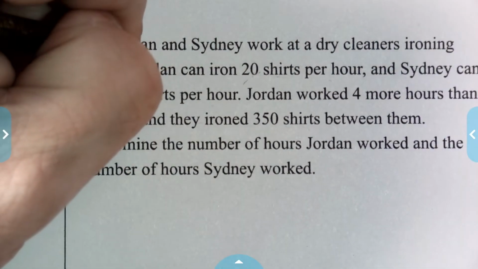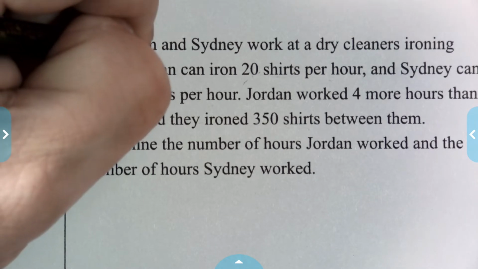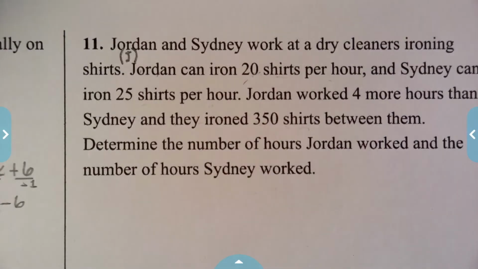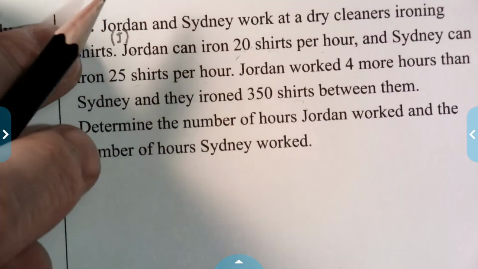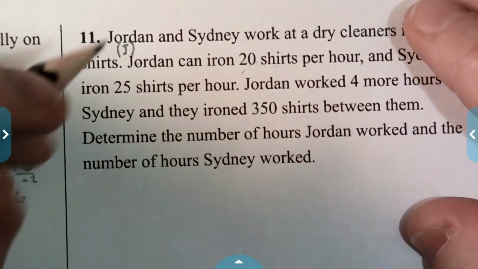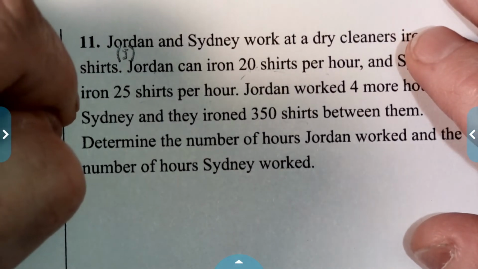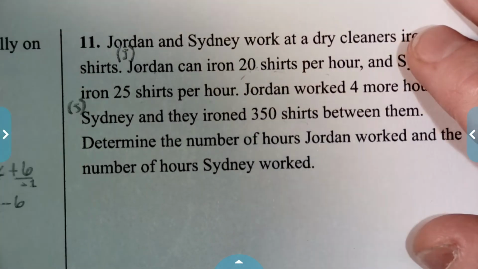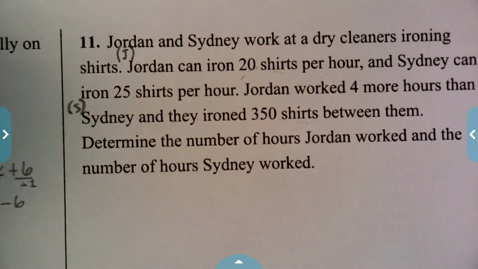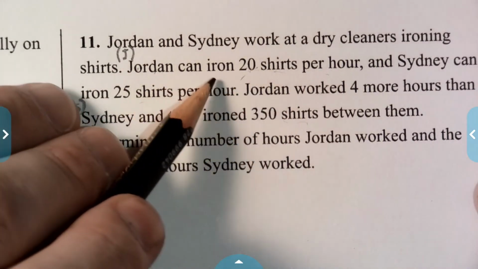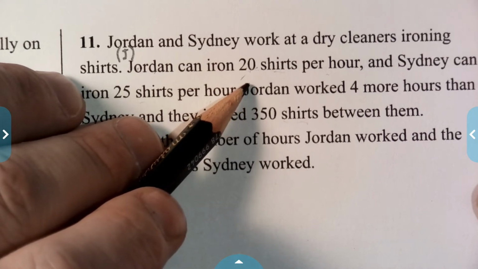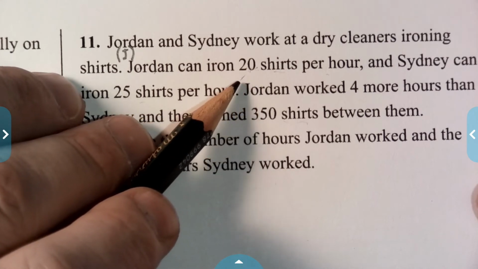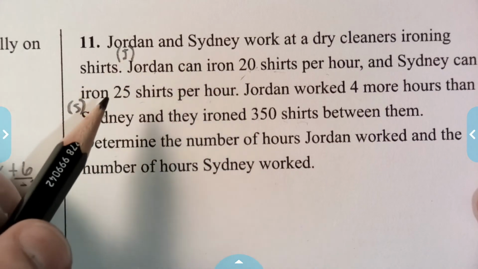Jordan's hours worked will equal J, and Sydney's hours will equal S. Okay, so Jordan irons 20 shirts per hour, so 20J, right?